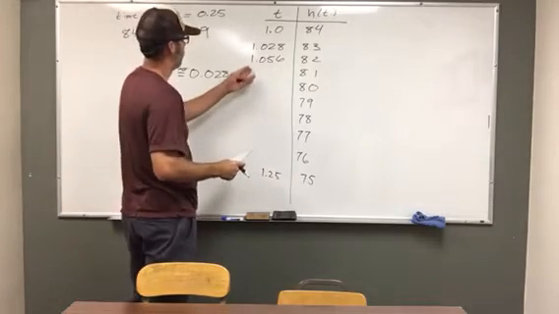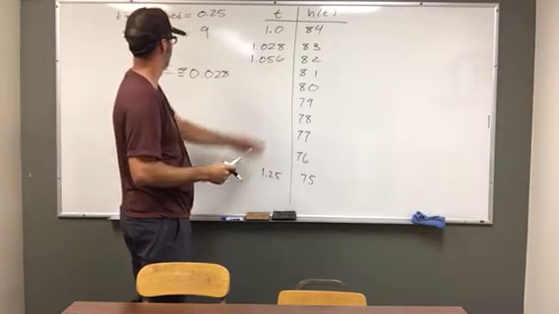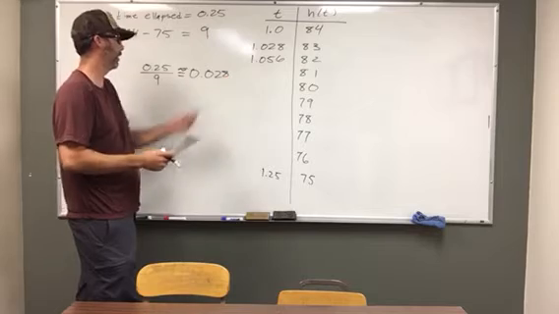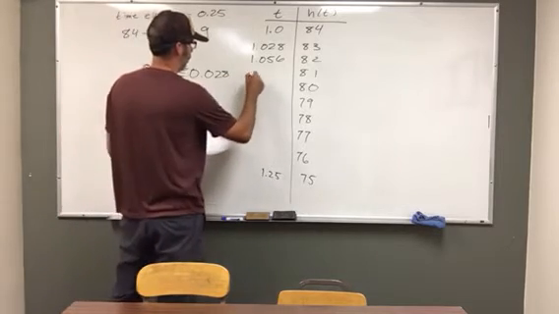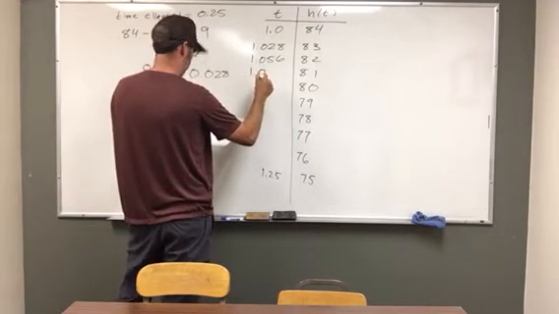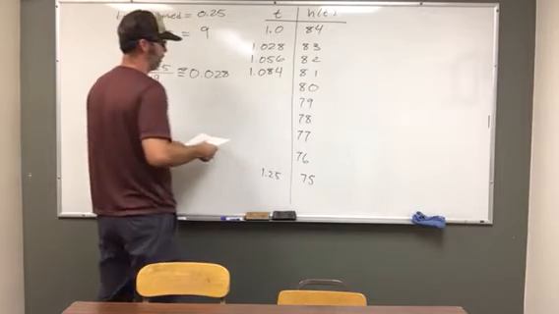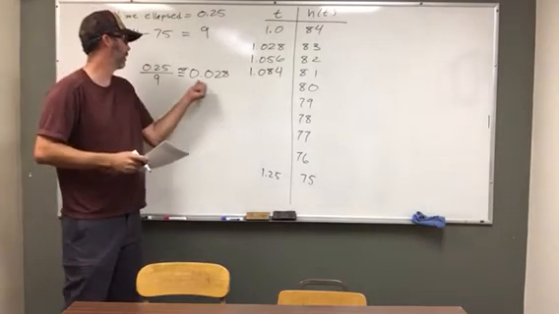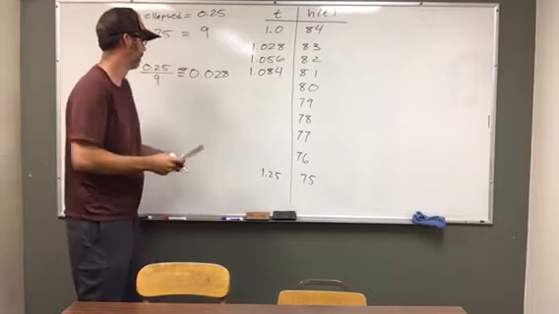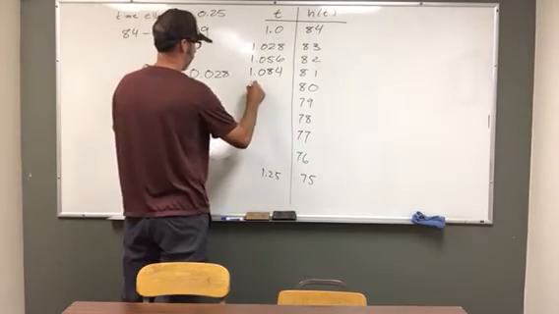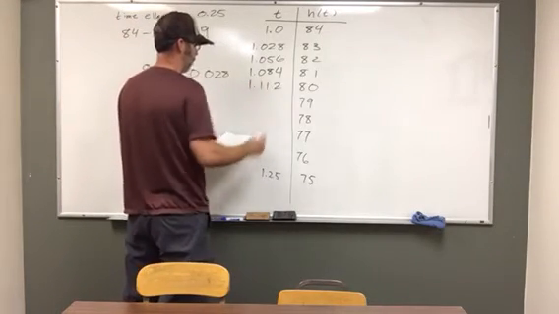Okay, 1.056 plus 0.028 is 1.084. Continuing this way, adding 0.028 to this number, I get 1.112.